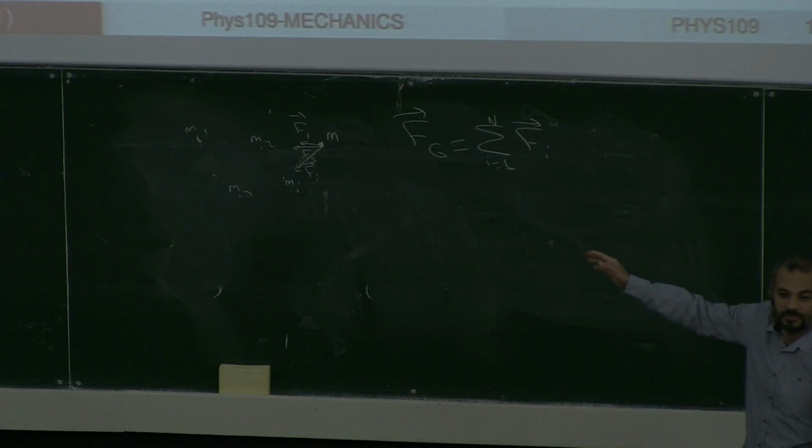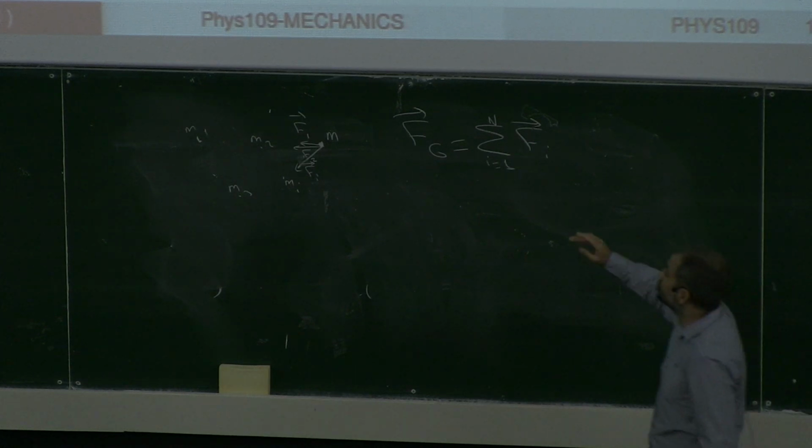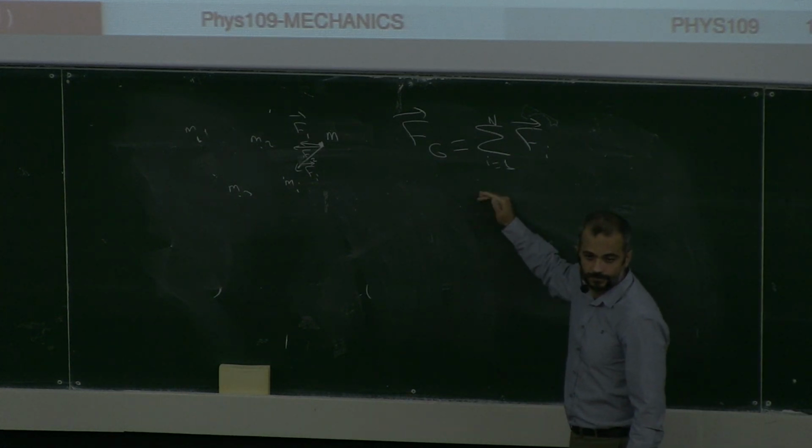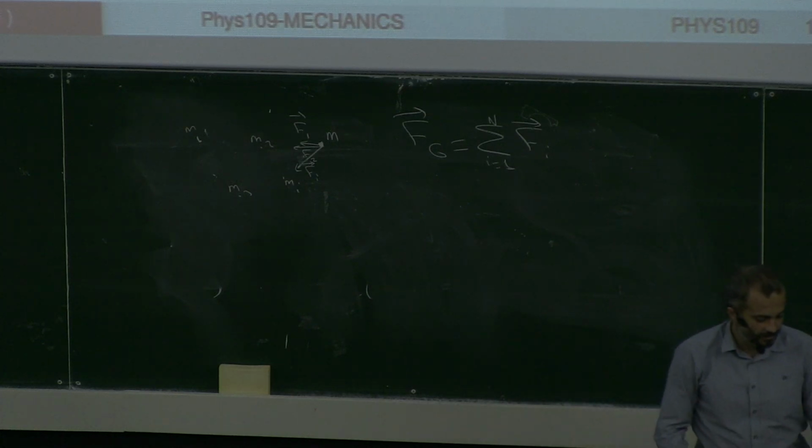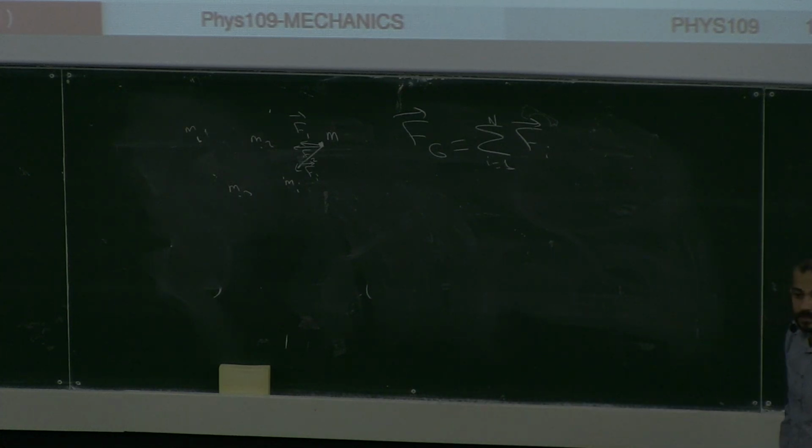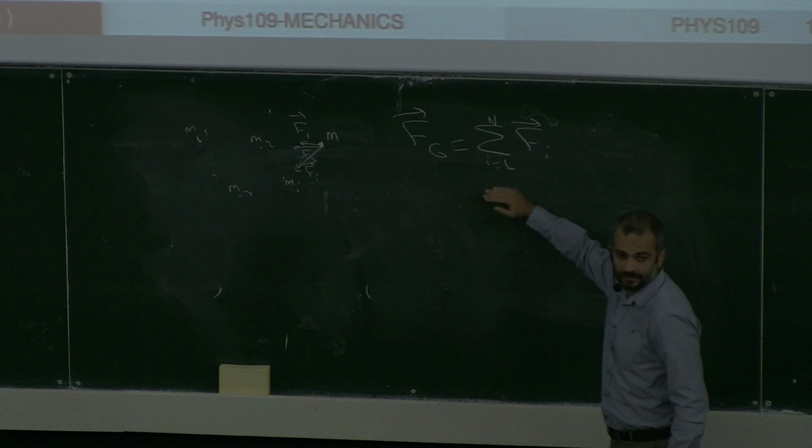In fact, it works in Newton theory, but it doesn't work in general relativity. In general relativity, this assumption is wrong. But since we will be dealing mainly with the Newton theory this semester at least, we will just use this fact.